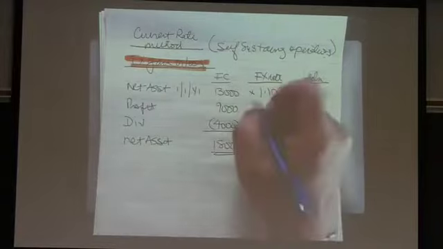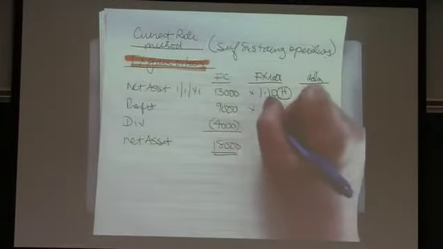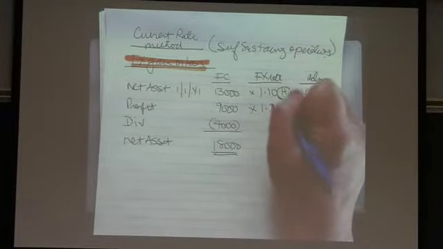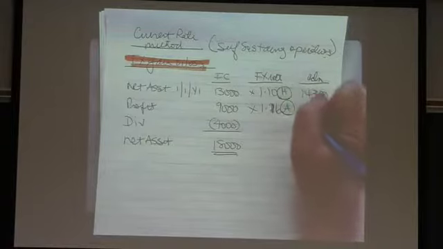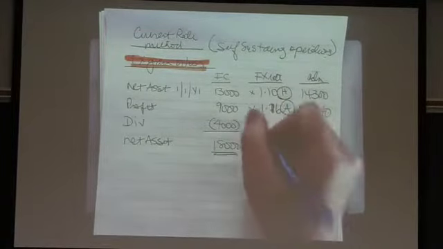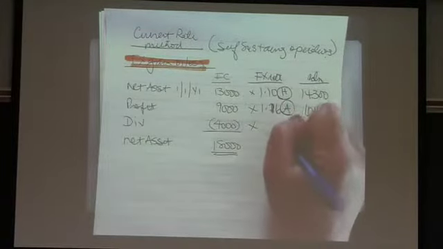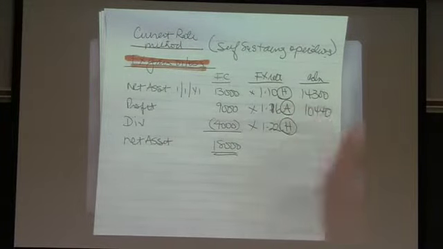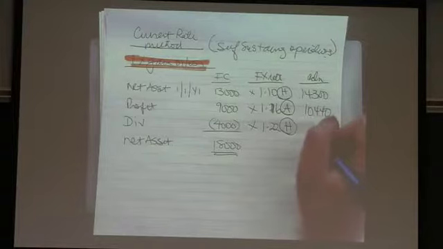Now the profit, we're going to assume the profit is earned evenly throughout the year, so we're going to use the average rate of 1.16. Dividend is always at the historical rate, and that happens to be at the date of the balance sheet, so we're going to use 1.22.